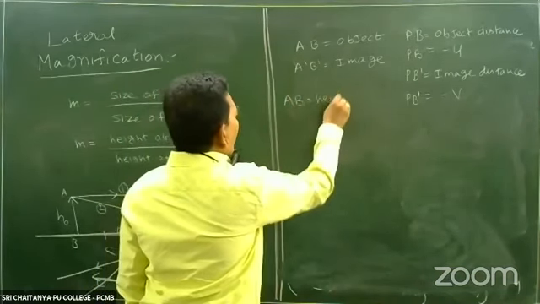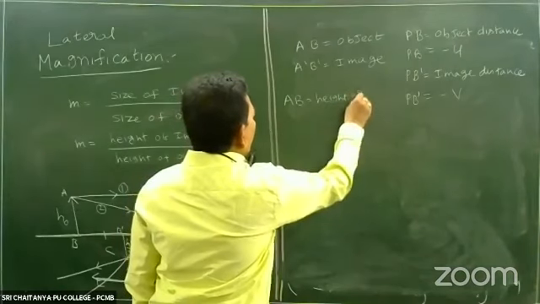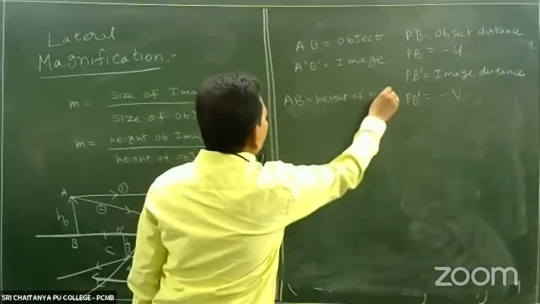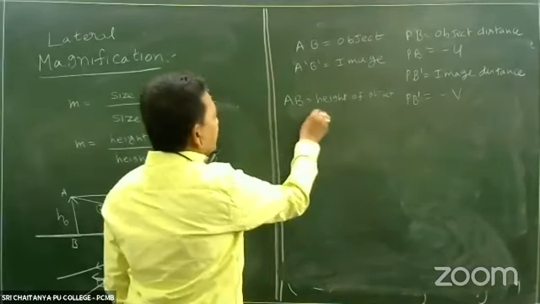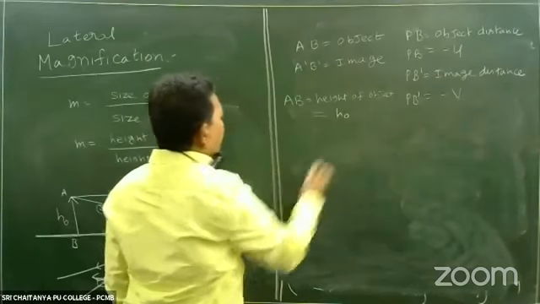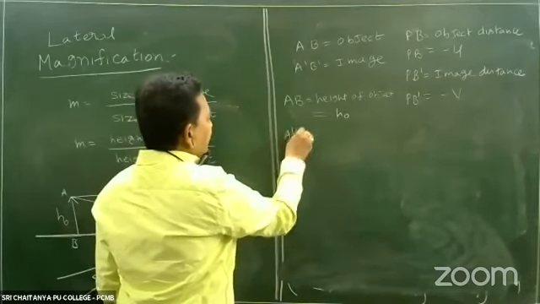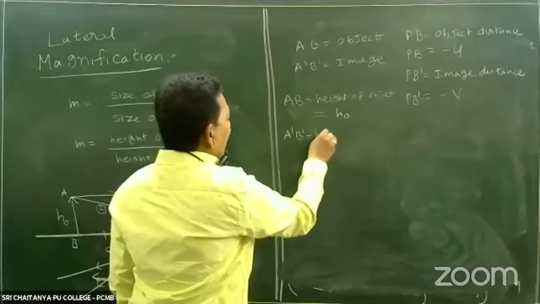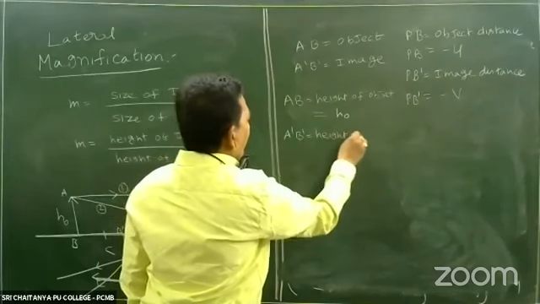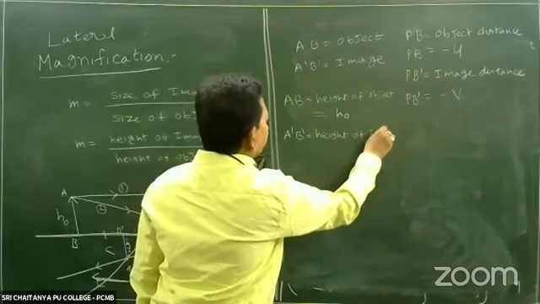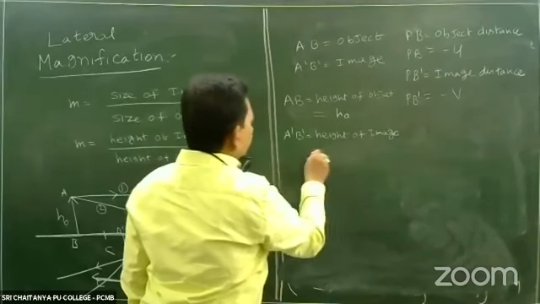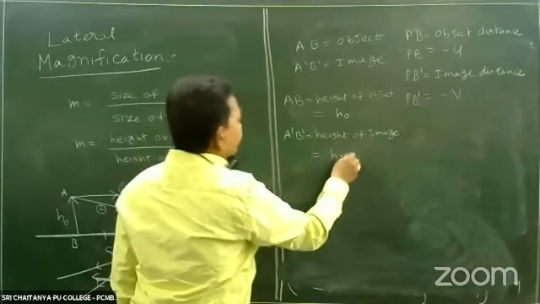We can write AB also as the height of the object, that is H naught. A dash B dash is the height of the image, HI.